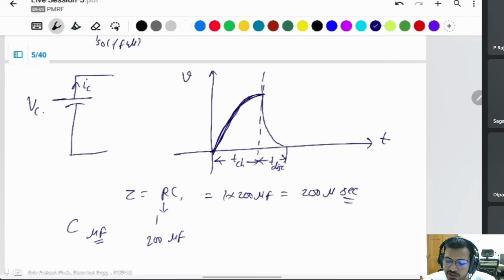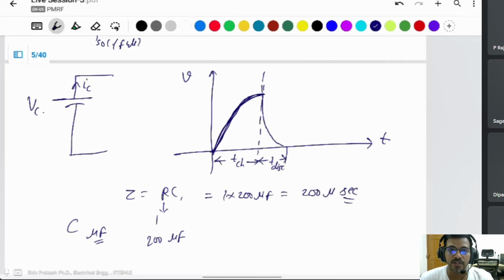It will take another 200 microsecond to charge the capacitor. It will charge very quickly. That's why it will take a large amount of current at the same moment. In discharging also, it will supply a large amount of current in a very short duration of time.